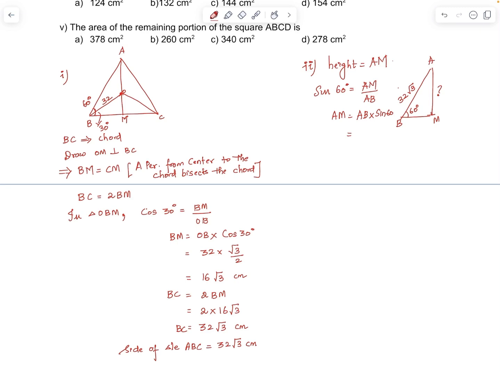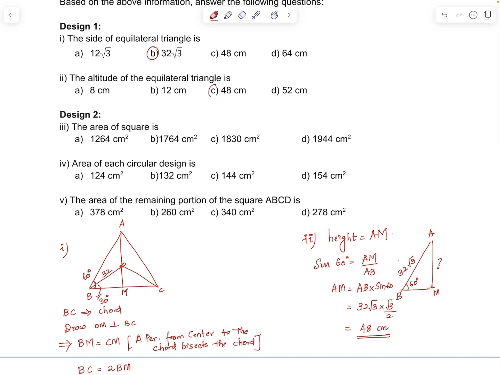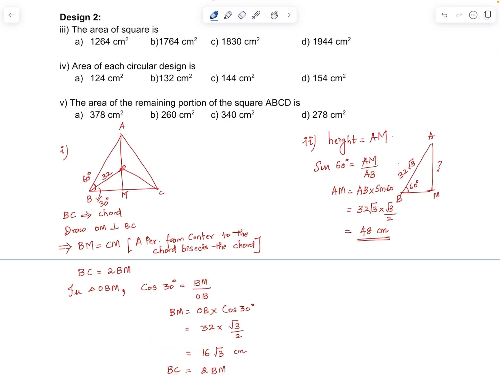AB is 32 root 3 into root 3 by 2, which gives us 48 centimeter. So the height of the triangle is 48 centimeter, and the option is C. Question 3, 4 and 5 are based on design 2. The third question, the area of square is.